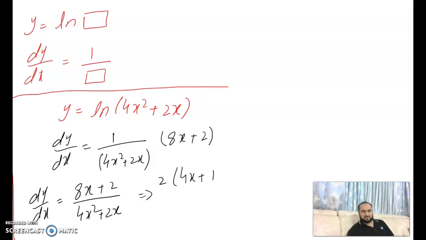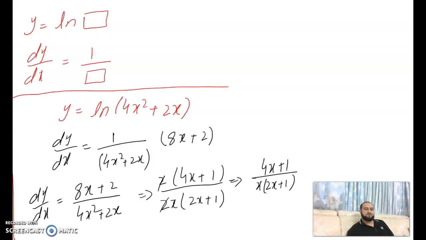So this will be 4x plus 1 over 2x as a common factor, written as 2x plus 1. This 2 and 2 are going to cancel out, so the final answer can be 4x plus 1 over x times 2x plus 1.